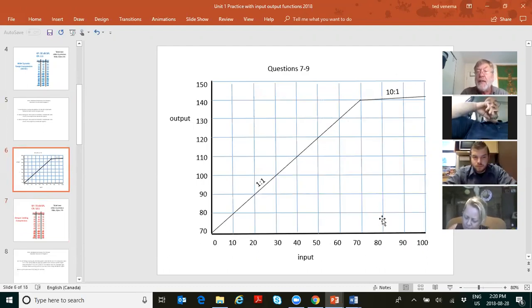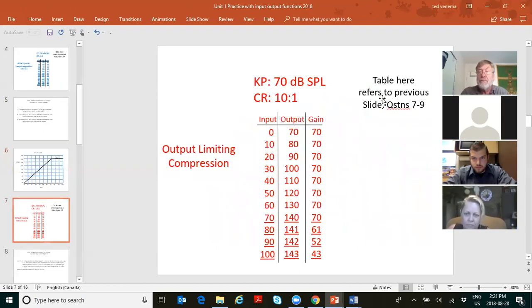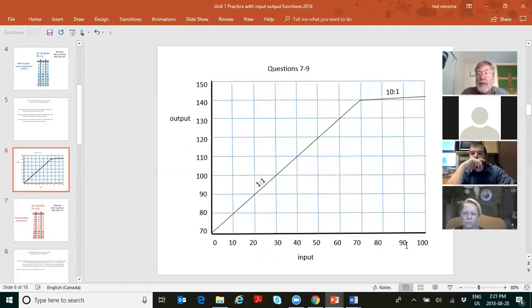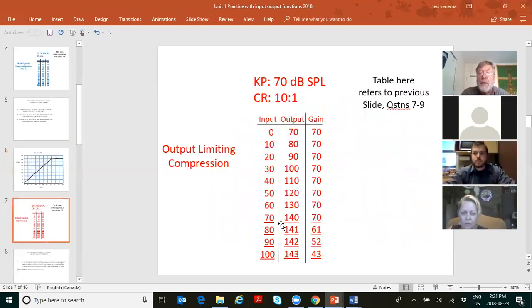So 80 in, my output is 141. 141 minus 80 is 61. And for a 90 dB input, my output was 142. So what's the gain there? 142 minus 90, 52.